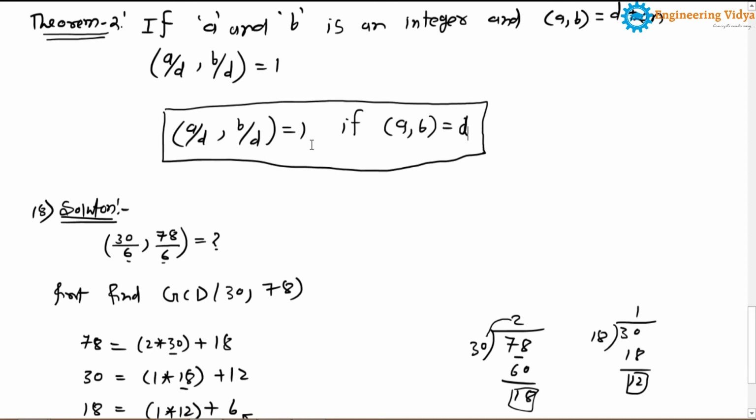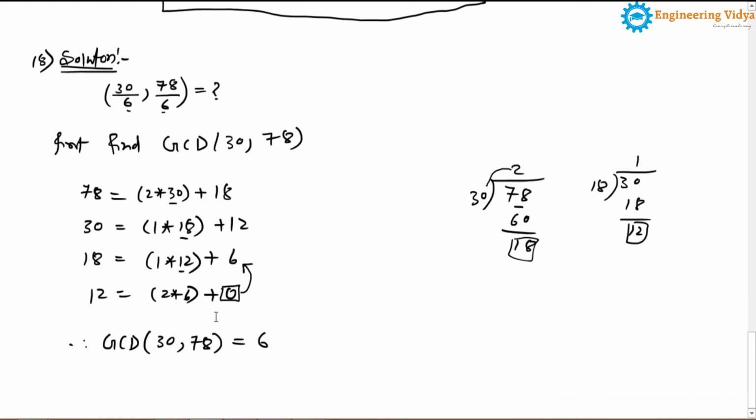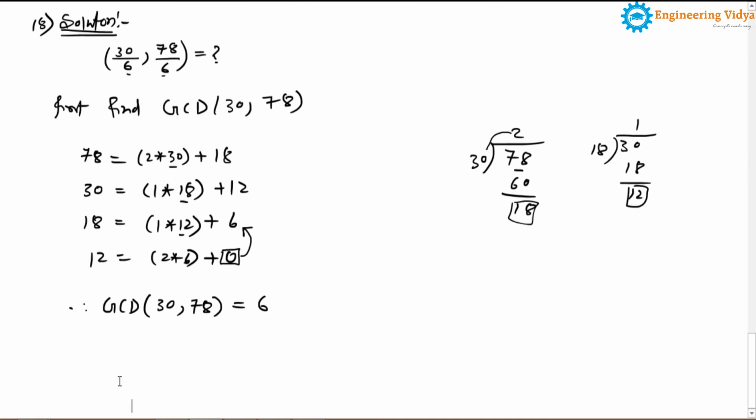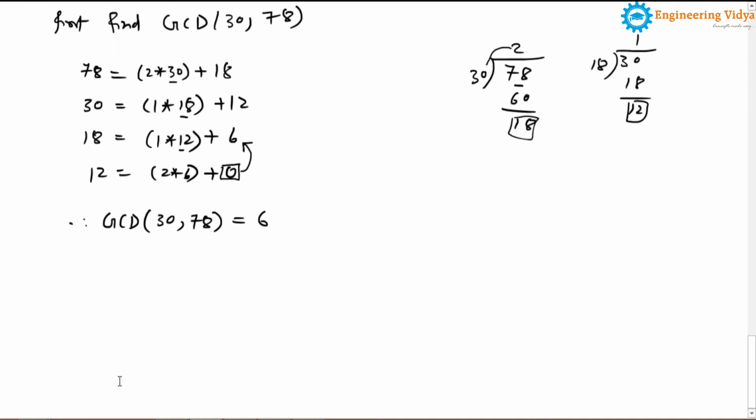I hope this statement is clear to you now. Here A is nothing but 30, B is nothing but 78, and D is the GCD, which is 6. So we'll write the theorem over here.